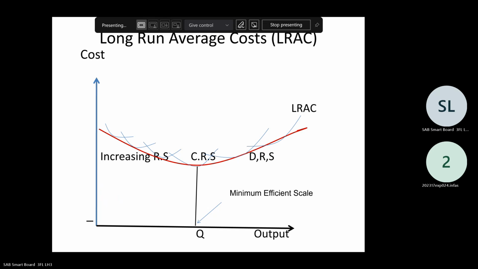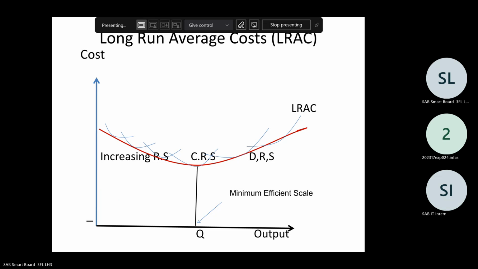If it is closer to the market demand, there are few firms operating in the market. So it explains how many firms operate in the market and the competitive level. We compare the minimum efficient scale output level with the market demand, and if it is less than that, it's a competitive market situation.